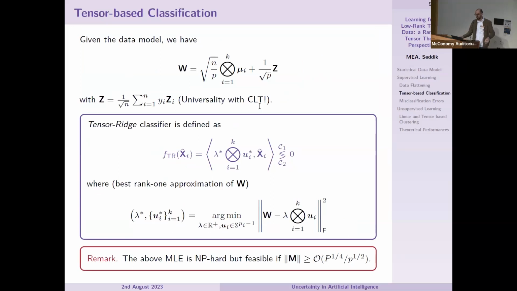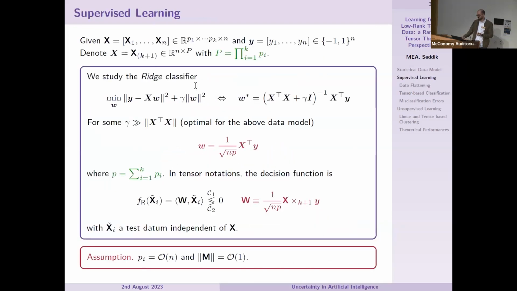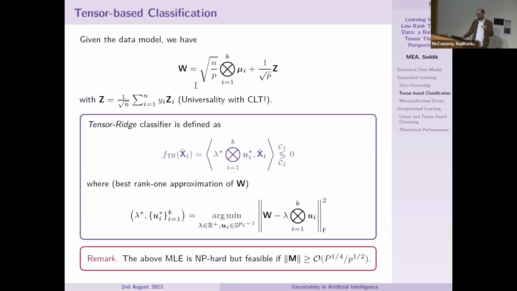And now we consider the case where we use this low-rank structure in the data. If you go back to the tensor W here, which is the contraction of the data tensor onto the labels, it can be expressed as follows.